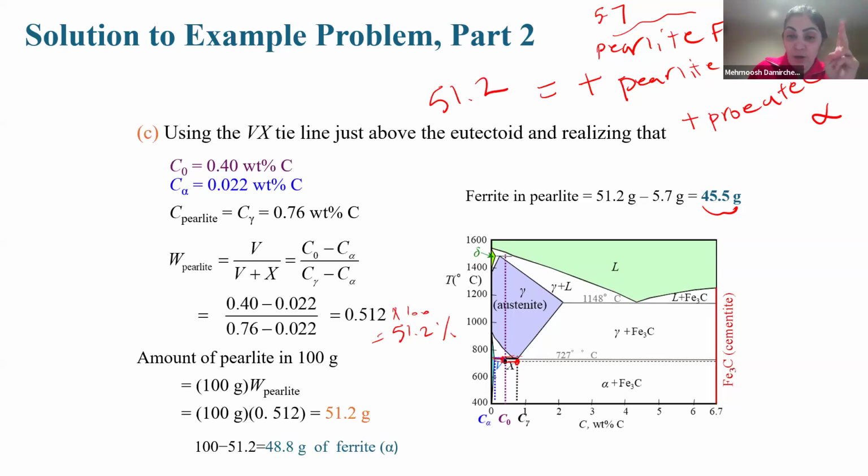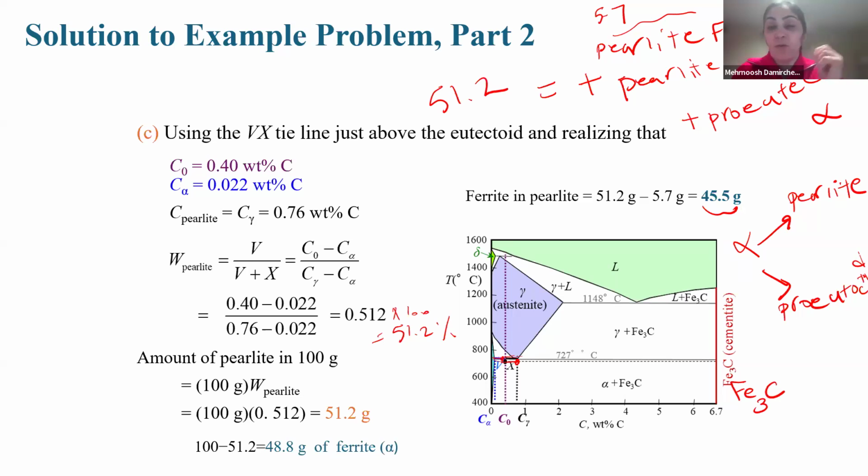So here we have two alpha: one alpha as perlite, one alpha as proeutectoid. And we have one cementite. This cementite is only perlite.